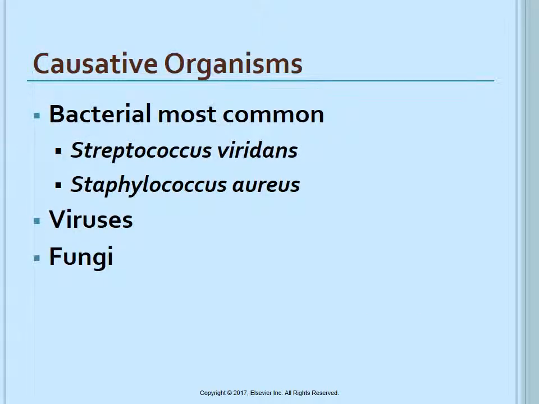The most common causative organisms of IE are Staphylococcus aureus and Streptococcus viridans. Both are bacterial. Other possible pathogens include fungi and viruses.